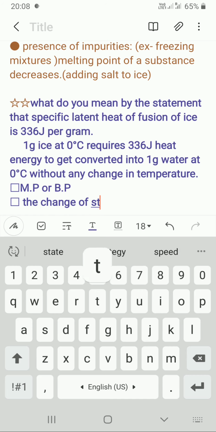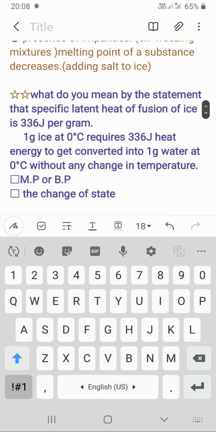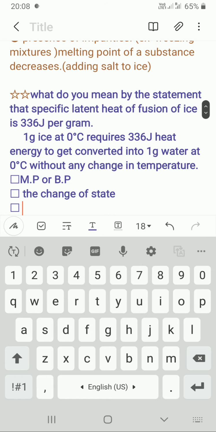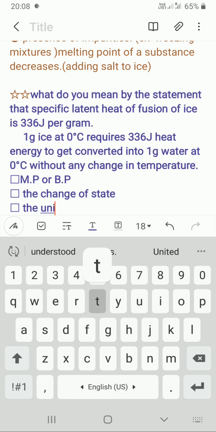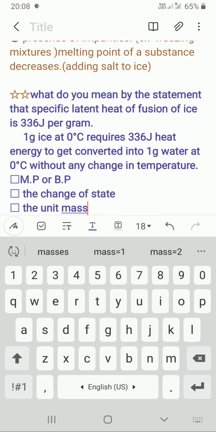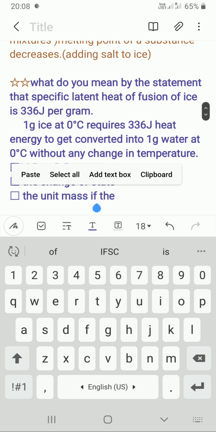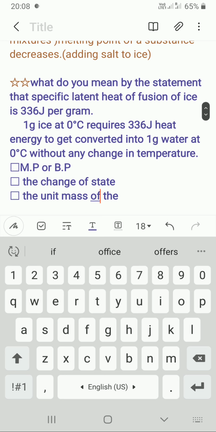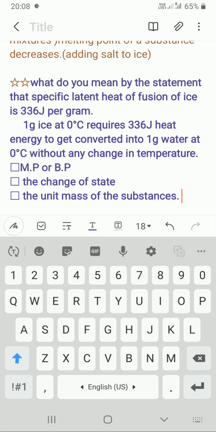Then you have to mention the unit mass of the substance. So these three things you have to mention in this question.